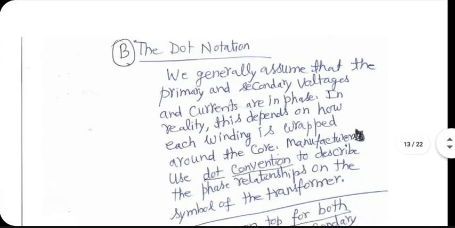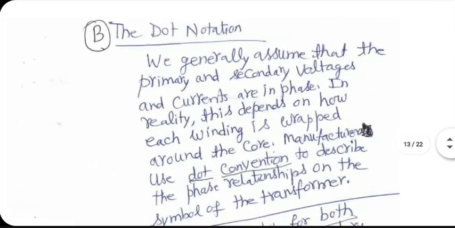The dot convention. We generally assume that the primary and secondary voltages and currents are in phase. I guess not a bad assumption. Generally, that is the case. In reality, this depends on how each winding is wrapped around the core. Manufacturers use dot convention to describe the phase relationships on the symbol of the transformer.